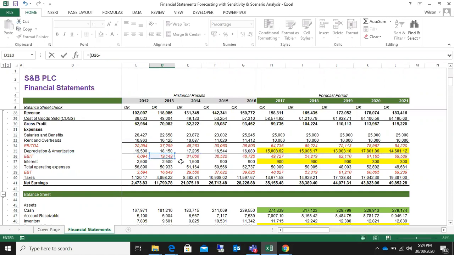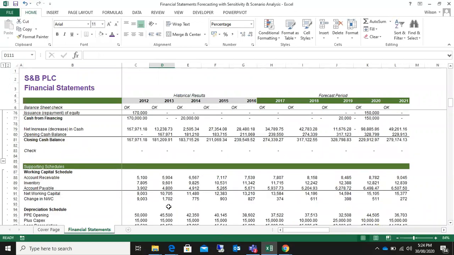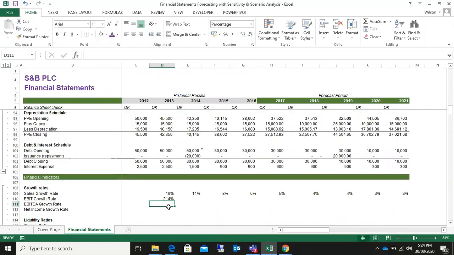It goes from 6.094 to 19.1, so it's a whole lot. It's fine, 214%, which is more than 100%. So we can take this down.